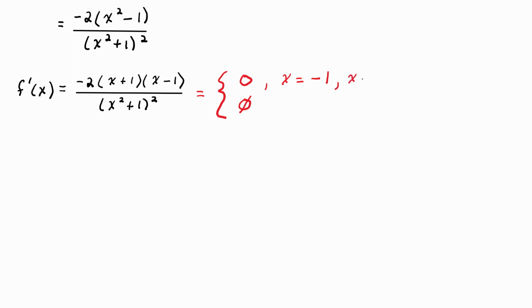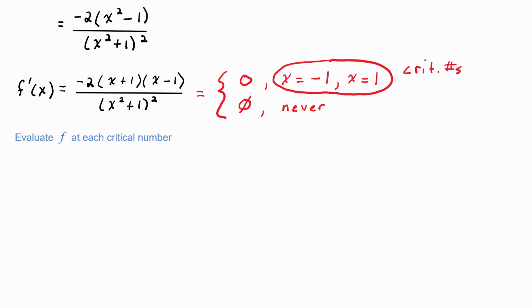This also happens at x equals positive 1. The numerator is 0, and the denominator is not. A rational expression will be undefined whenever its denominator equals 0, and since x squared plus 1 will never be 0, this will never happen. So that means we have two critical numbers, x equals -1 and x equals +1.